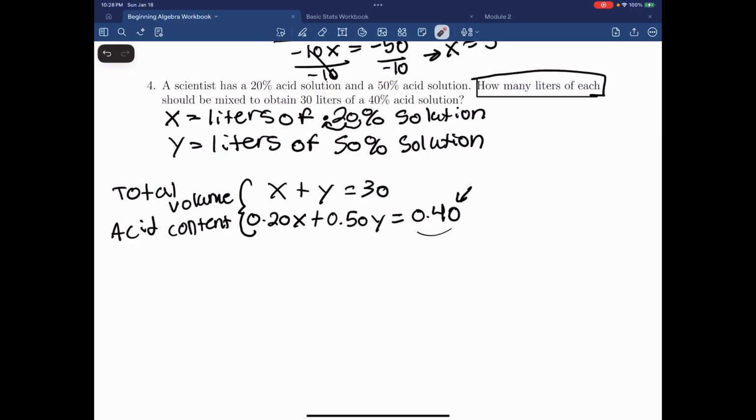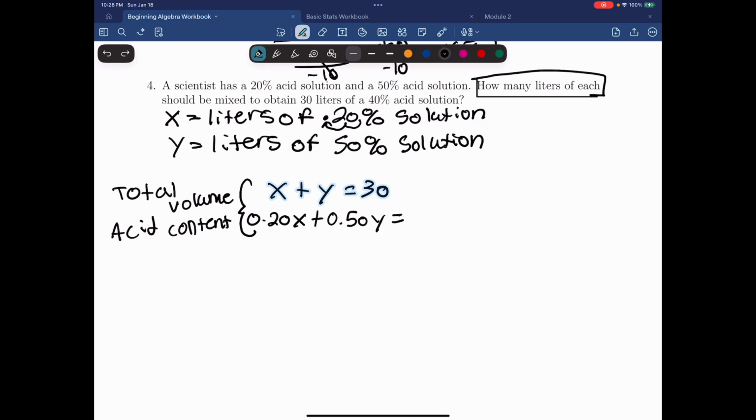So what we need to do is take 0.40 and multiply it by 30. When we do that, we get 12. I'm going to draw an arrow here, just for notation, so we know where this came from. So we have 0.40 times 30.